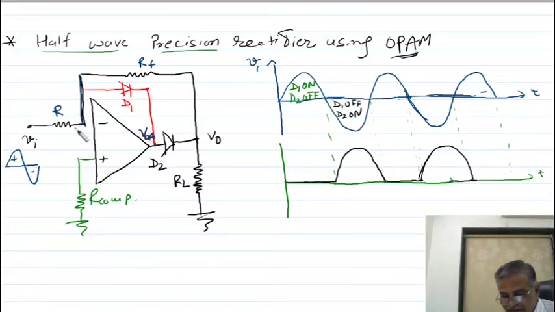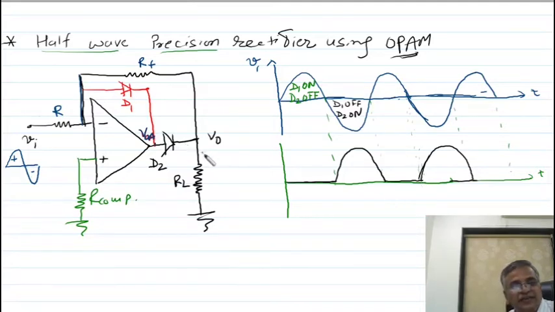In this way, this circuit will convert one half of the input cycle into a unidirectional signal, that is a DC signal, as shown in the figure. If both the diodes are made reverse, then instead of the negative half, the positive half will be rectified, but the signal will be at a negative value, so DC will be negative.